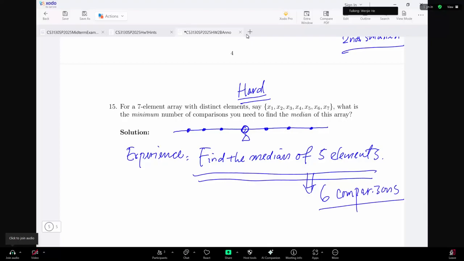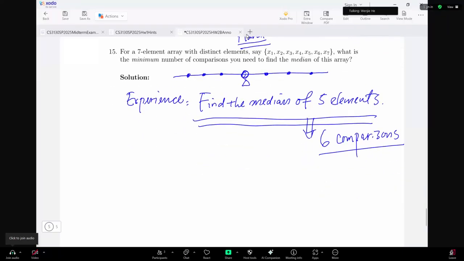After that, there are two elements. Here, the median of 5 means there are two elements higher than this one.